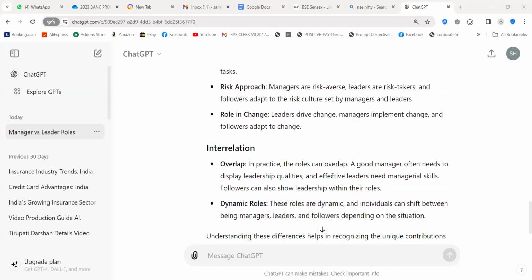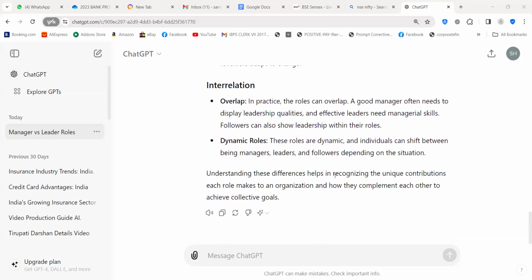Role in change: leaders drive change, managers implement change, and followers adapt to change. Then interrelation and overlap. In practice, the roles can overlap. A good manager often needs to display leadership qualities, and effective leaders need managerial skills. These things will be helpful for your HR. Followers can also show leadership within their roles.